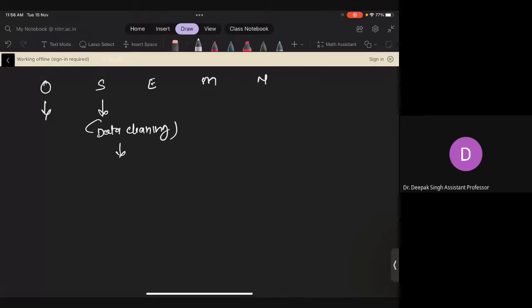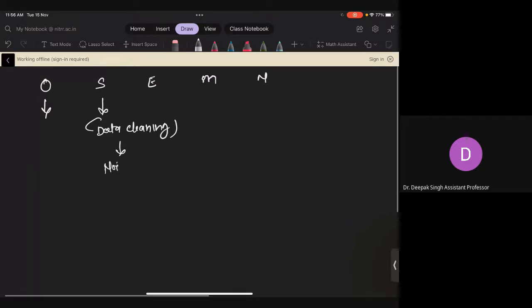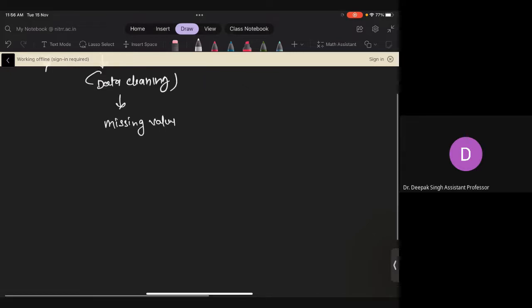We find out that we have one major challenge, which is called missing data, missing values. So I have some missing values in my data. Now what do I have to do?